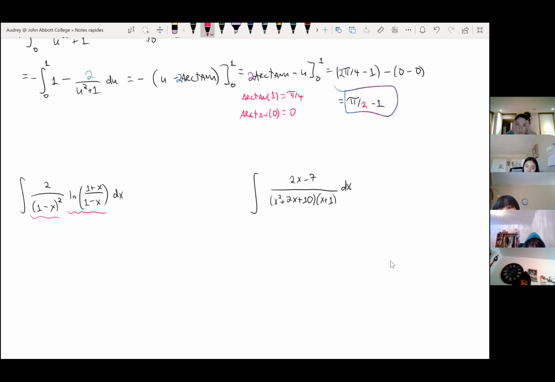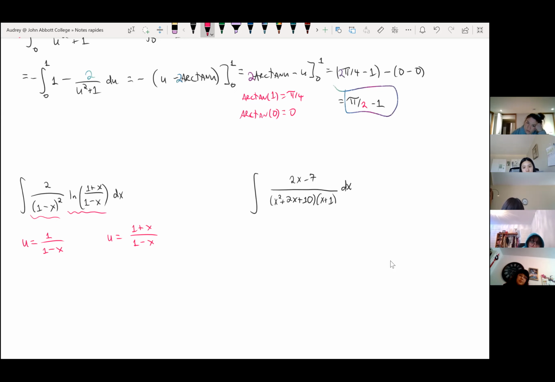So some things that I see that might work here would be saying, okay, well, u is equal to 1 over 1 minus x. Now, the reason that I think maybe something like that is because it's similar to what's on the outside. Another u would be the whole thing inside of my ln. So maybe I'm thinking of that first u because I know its derivative is outside. Maybe I'm thinking of the second u because it's the whole ln.